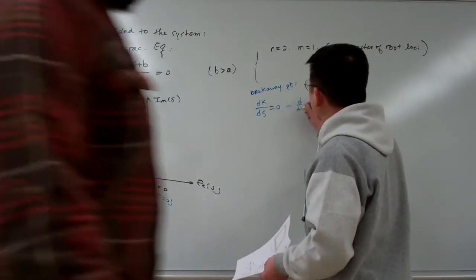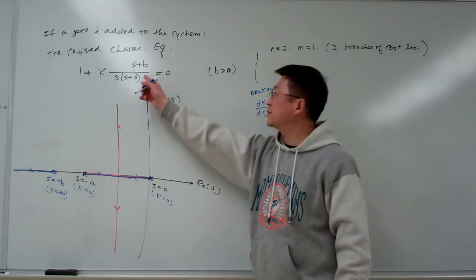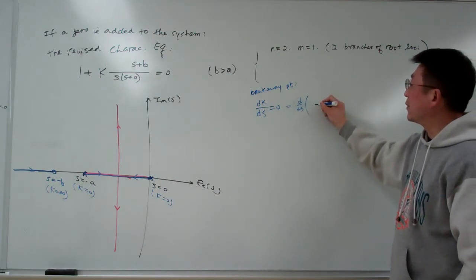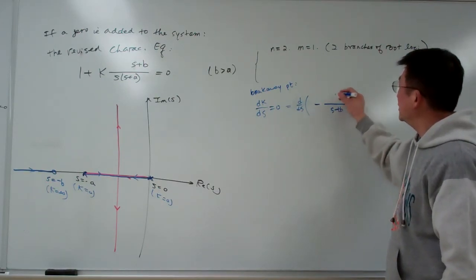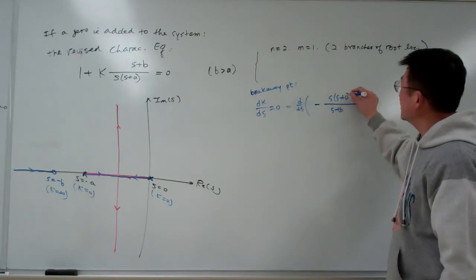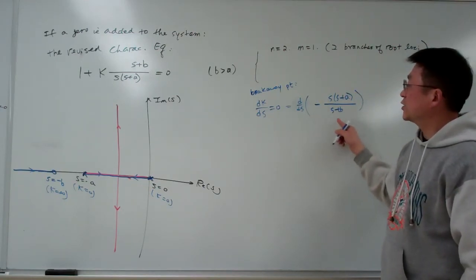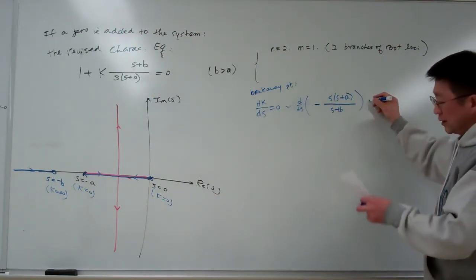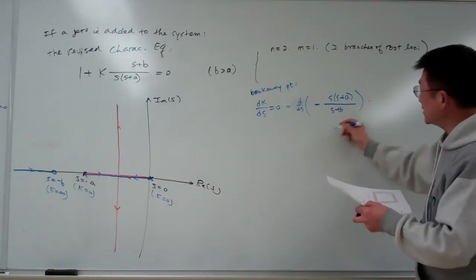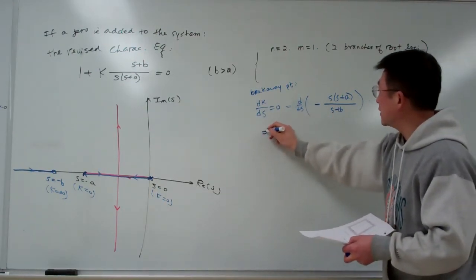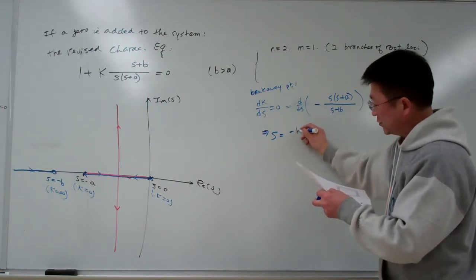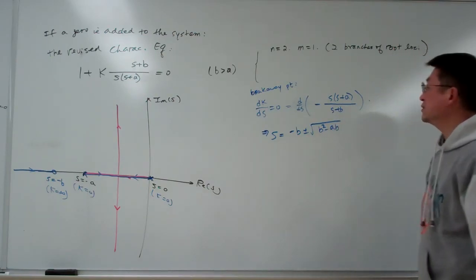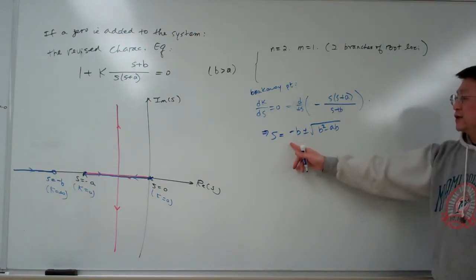From here we can obtain the expression of k, which is equal to minus (s plus a)(s plus b). Then we set the derivative equal to 0. If you solve for this, you get s equal to minus b plus or minus the square root of b squared minus ab. This is the breakaway point.